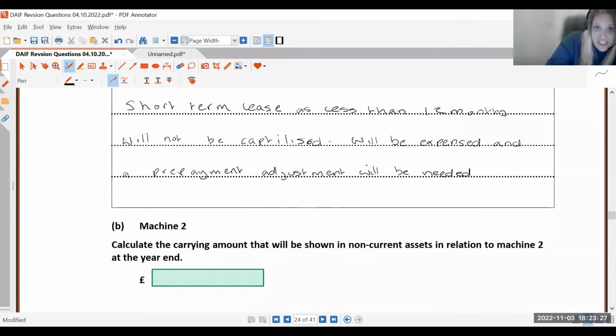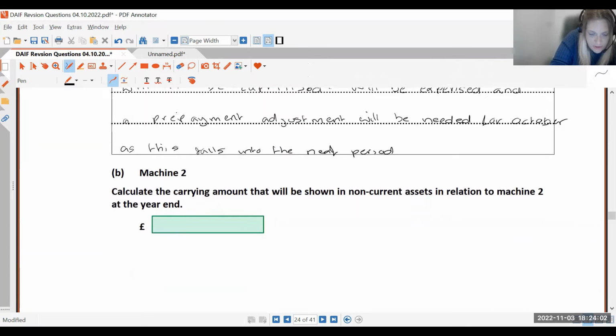So in this box, we just need to really type how we've come to that calculation. So we've said that a prepayment adjustment will be needed. We now know that that's for October, and as this falls into the next period, handwriting's going very askew, I apologise.